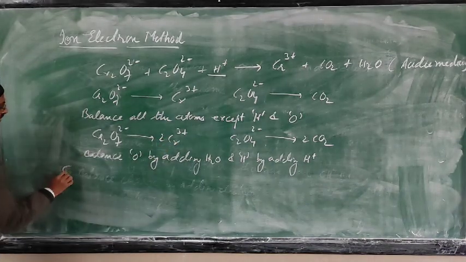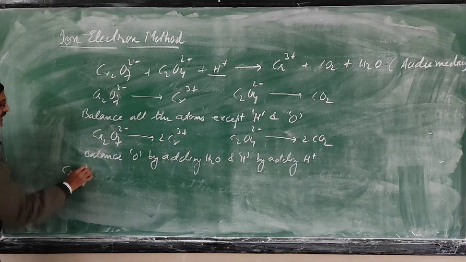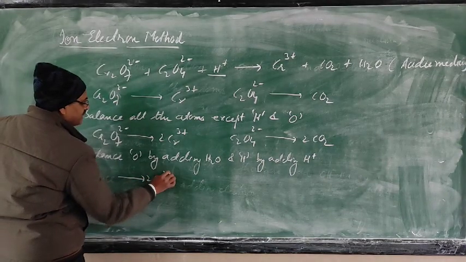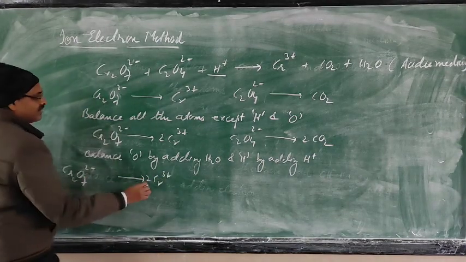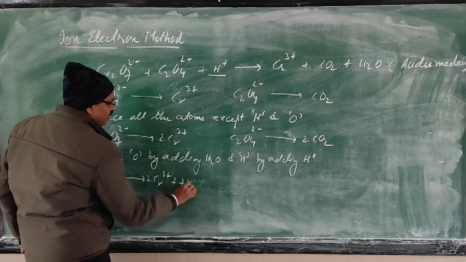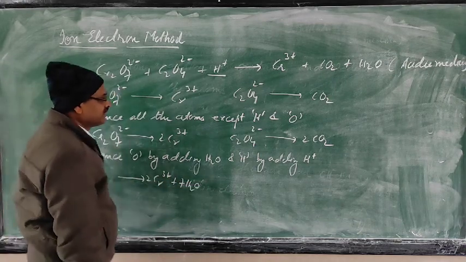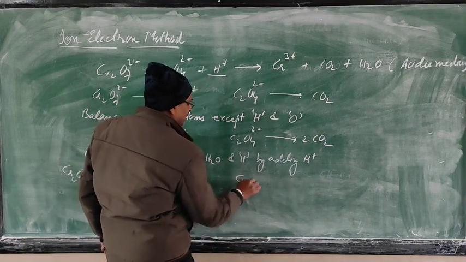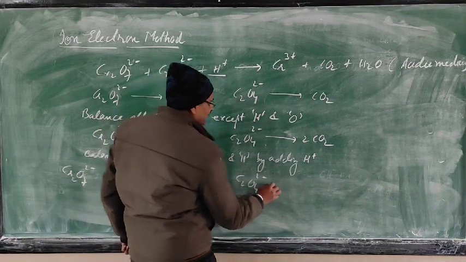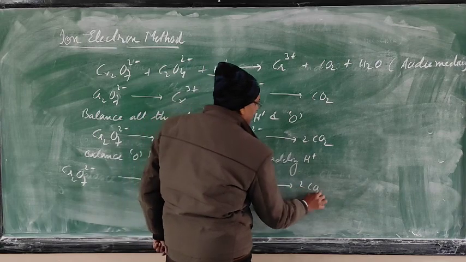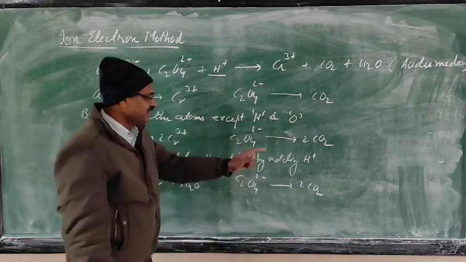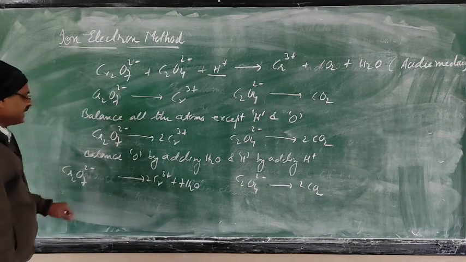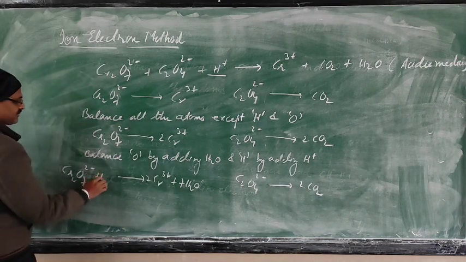So you can write Cr2O7 2 minus gives 2 Cr3 plus and 7 molecules of water. In this one, 4 oxygen, 4 is already balanced. Then C2O4 2 minus gives 2 CO2. Now hydrogen: here 14 hydrogen, so here we can take 14 H plus.